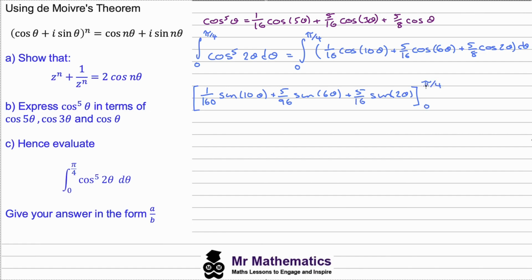And now we'll substitute in our limits. We'll have 1 over 160. 10 times pi over 4 will give us the sine of 5 pi over 2. The sine of pi over 4 will give us 3 pi over 2.